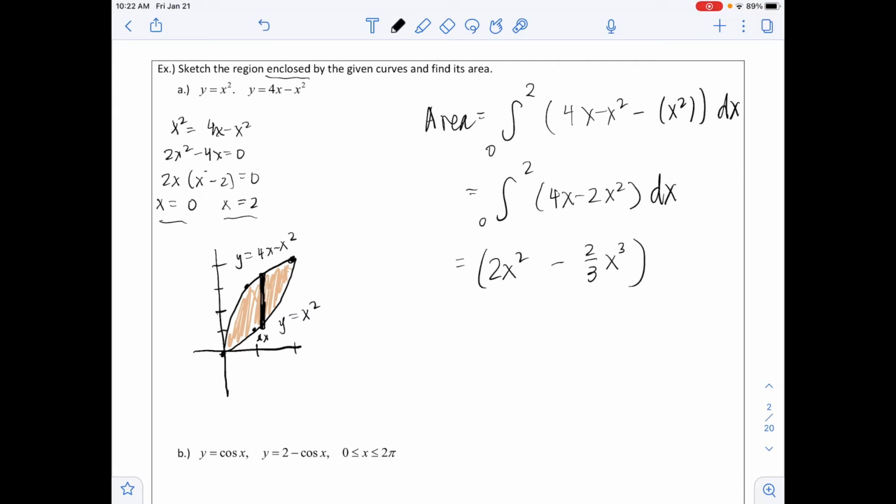And then we're going to evaluate this from x equals 0 to 2 using our fundamental theorem of calculus. Substituting in 2, we get 2 times 2 squared minus 2/3 times 2 cubed. Substituting in 0, we just get 0 for the whole expression. Working this out, we get 8/3.